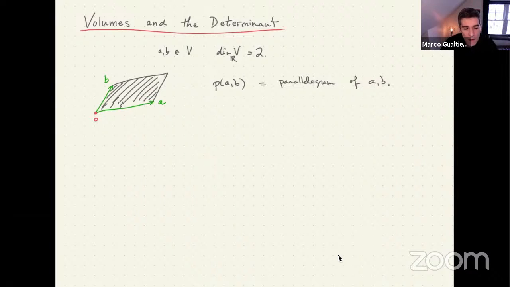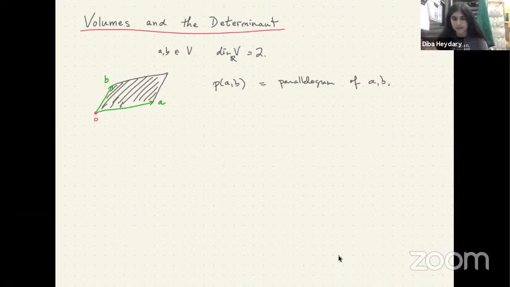So now I have my basis. So we want to multiply together the difference of each basis vector for the two respective vectors making our parallelogram.